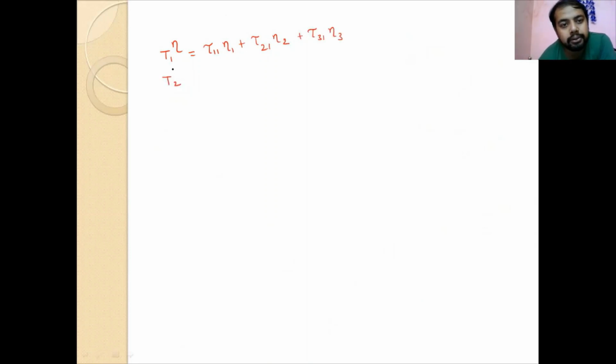Similarly, if you calculate the same way, you will get tau 12 n1, tau 22 n2, tau 32 n3.